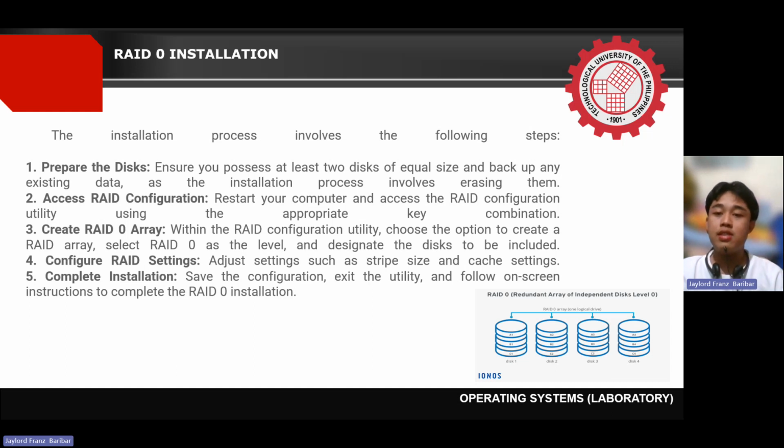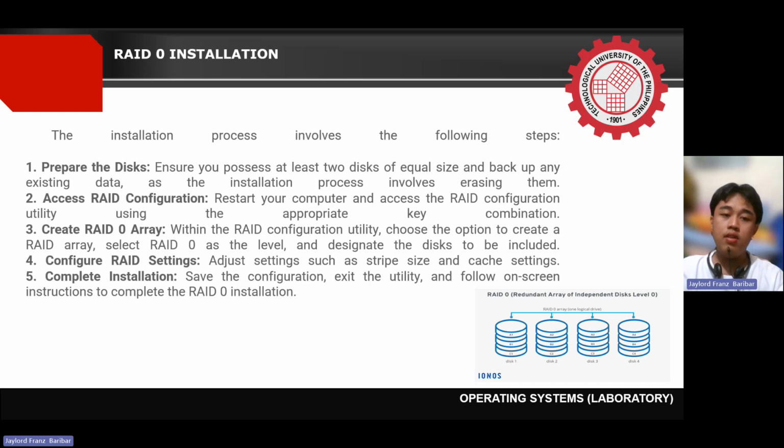Customize settings like the stripe size and cache settings according to your preferences. The final step is to complete the installation: save your configuration, exit the utility, and follow any additional on-screen instructions to finish setting up RAID 0. And that's it. You are all set with your RAID 0 setup.